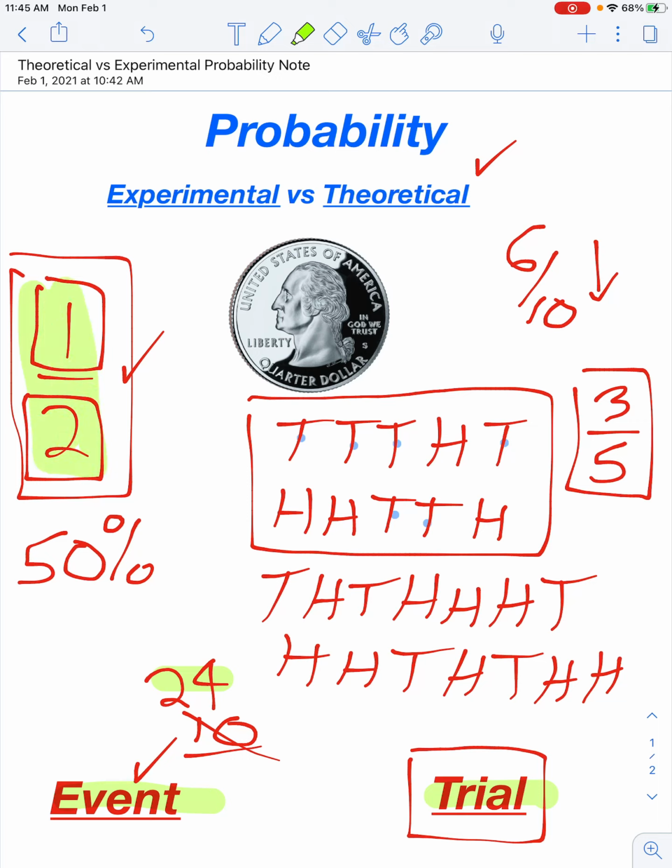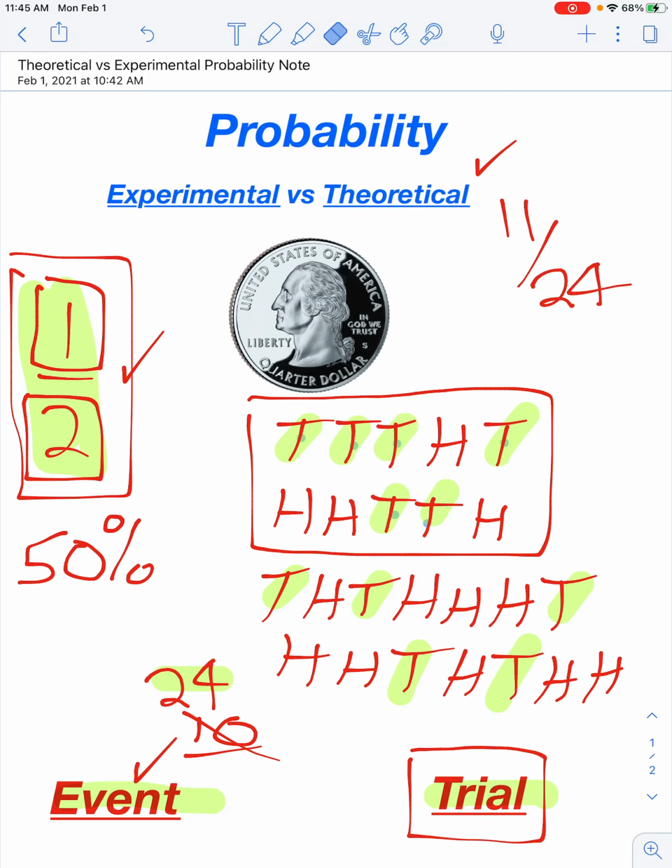Now when I have tails, 1, 2, 3, 4, 5, 6, 7, 8, 9, 10, 11. So now my probability here out of 24, okay, is no longer 6 out of 10, but my probability is 11 out of 24. And guess what? We're getting closer and closer to that 50-50 mark.